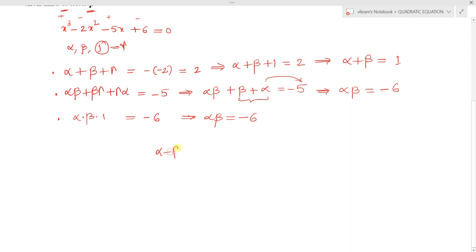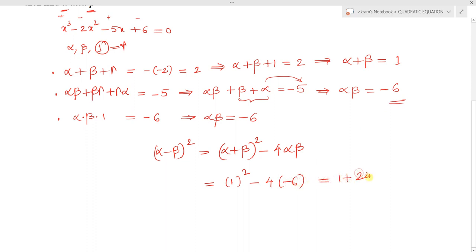Alpha minus beta whole square equals alpha plus beta whole square minus 4 times alpha beta. Alpha plus beta is 1, so 1 square minus 4 into minus 6 equals 1 plus 24, which is 25. So alpha minus beta whole square equals 25, which means alpha minus beta equals 5.